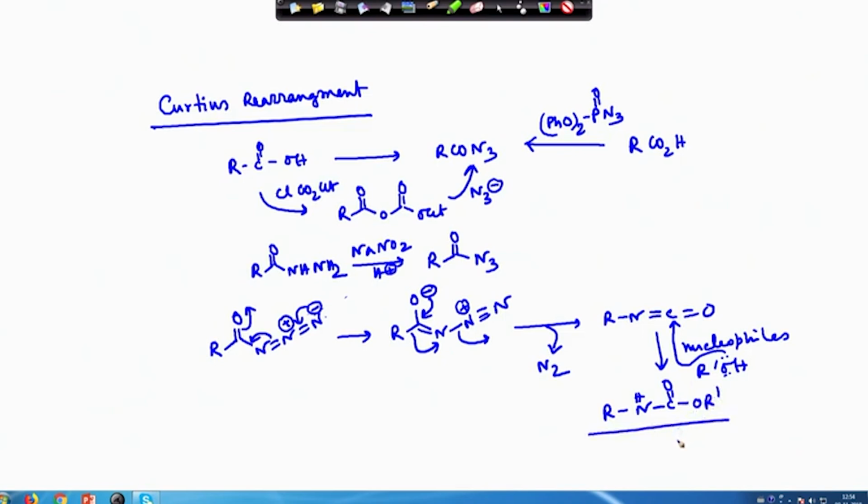It could be an acid, and if it is water, then the decarboxylation will give you finally the corresponding amines. So, in this way various types of nucleophiles can react with this isocyanate and give you different products.